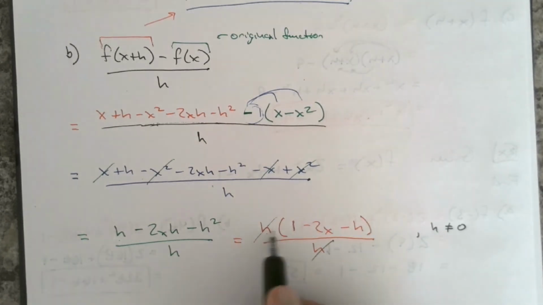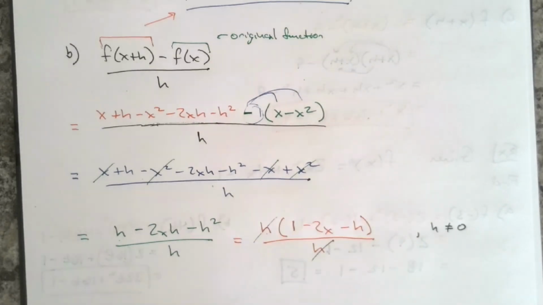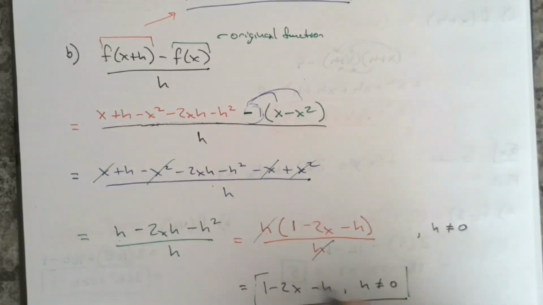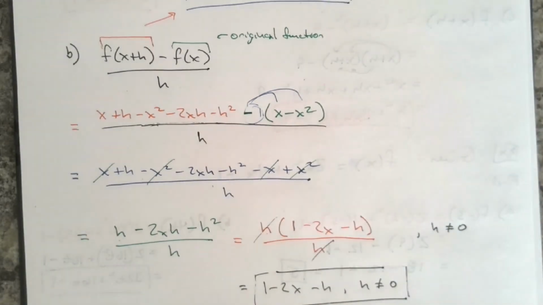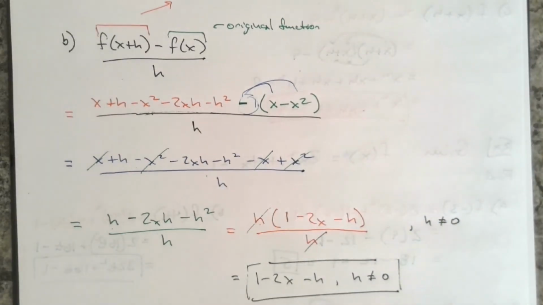So since we had things that are being multiplied, we're allowed to cancel them when we're dividing like that. And we're left with 1 minus 2x minus h. And we say provided that h doesn't equal 0. So that would be equal to the difference quotient, right? The f of x plus h minus f of x all over h is equal to this 1 minus 2x minus h as long as h doesn't equal 0.